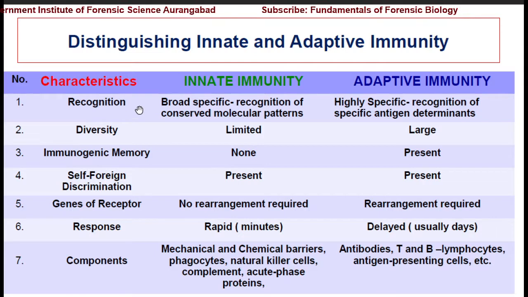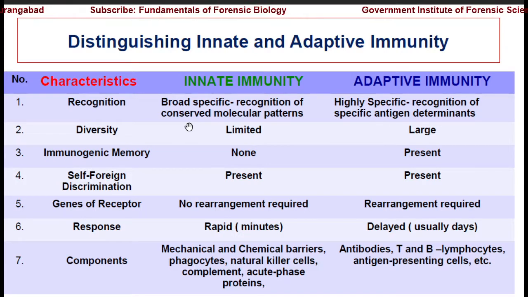Characteristics, recognition. Innate immunity has a broad recognition of conserved molecular patterns. It does not identify a particular antigen, but it identifies a particular pathogen. So it recognizes a pattern, and based upon that pattern it shows its effect.